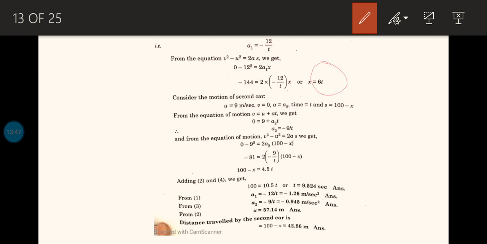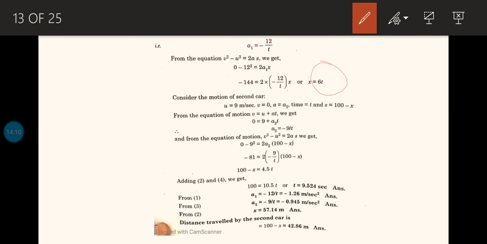Similarly, consider the motion of the second body. Here for the second body u was 9 meter per second, and v is equal to 0, since finally the vehicle is stopping. We are assuming the second body's acceleration is a2, and time is t seconds. Both took the same time, so t will be the same for both.